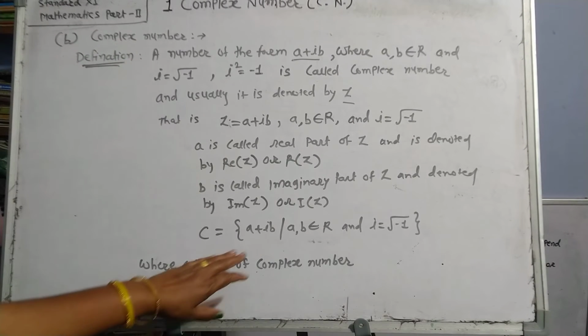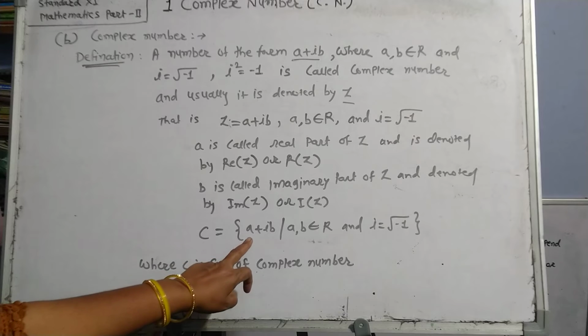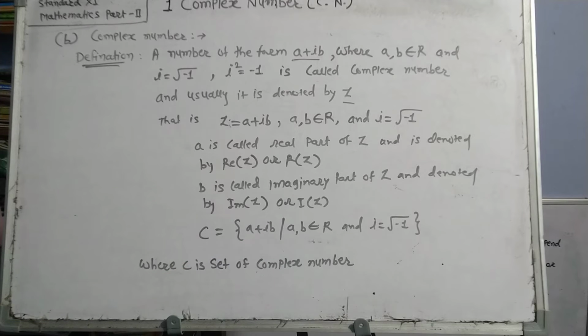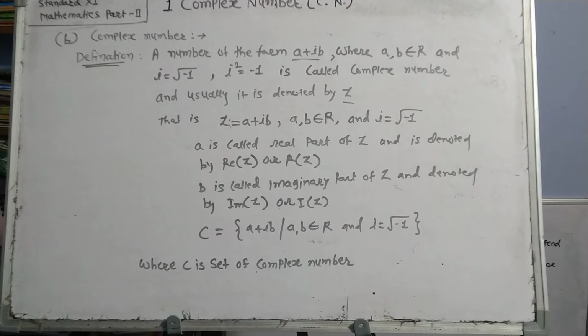Where C is a set of complex numbers. A set contains numbers in the form a plus ib, where a and b belong to the set of real numbers, and i equal to square root of -1.